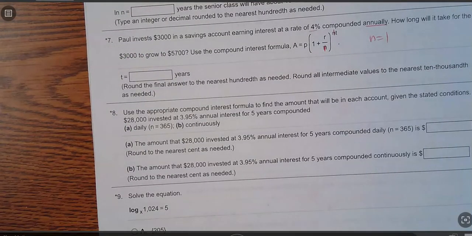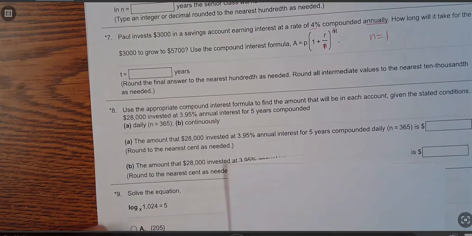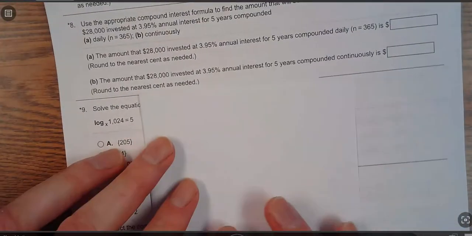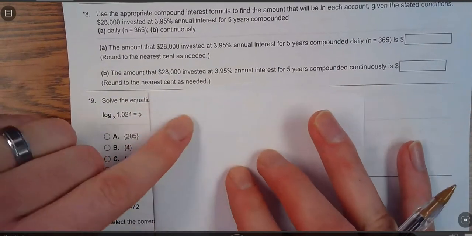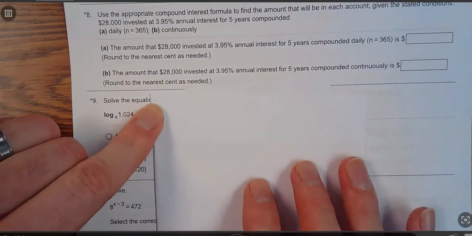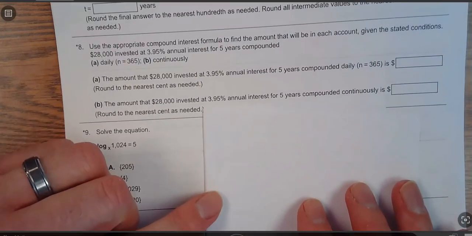Number 8. So move things around here. Number 8, use the appropriate formula, which was on the top of your page.